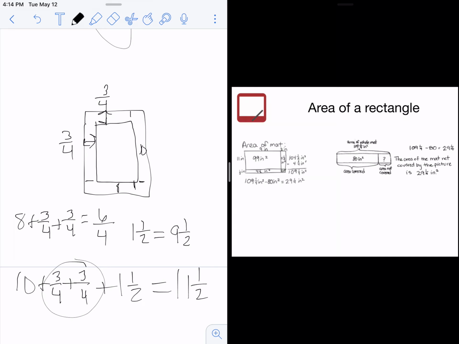And when you do the area model, you get 104.5 inches plus 4 3/4 inches, which is 109 1/4 inches squared. So you have to take that and then subtract the total area of the frame, which is an 8 by 10, which is 80.